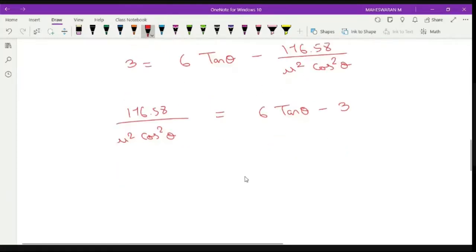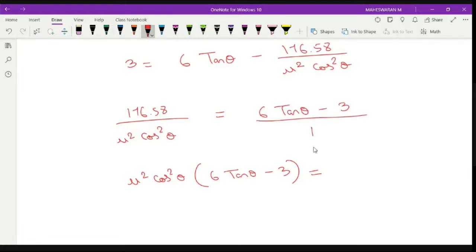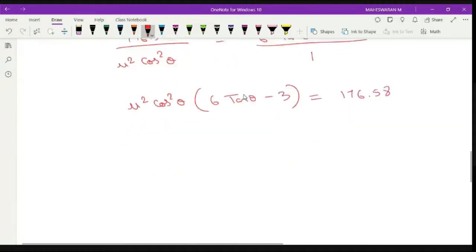Now I can cross multiply. If I cross multiply, I will get u square cos square theta into 6 tan theta minus 3 is equal to 176.58. So I want u square.